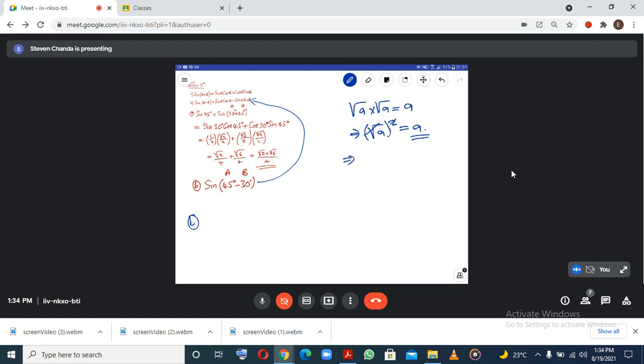For instance, square root of 2 times square root of 2 is 2, because it's the same as square root of 2 raised to power 2, which gives us 2. But the principles of surds tell us that if we've got that and that, the square roots are not removed; rather, you just multiply like that. You get it, right?